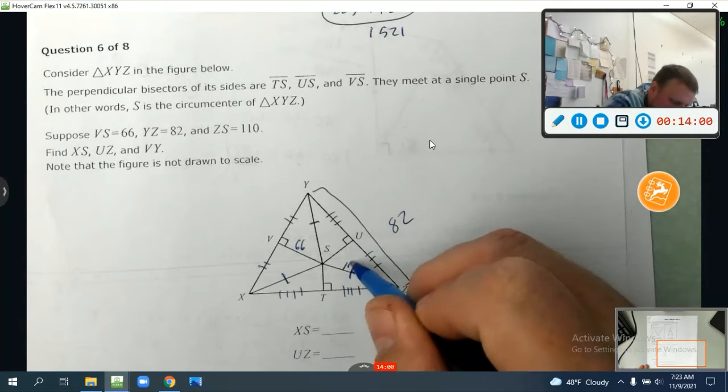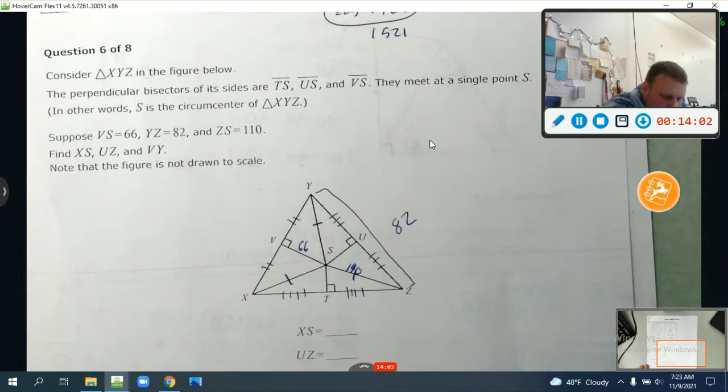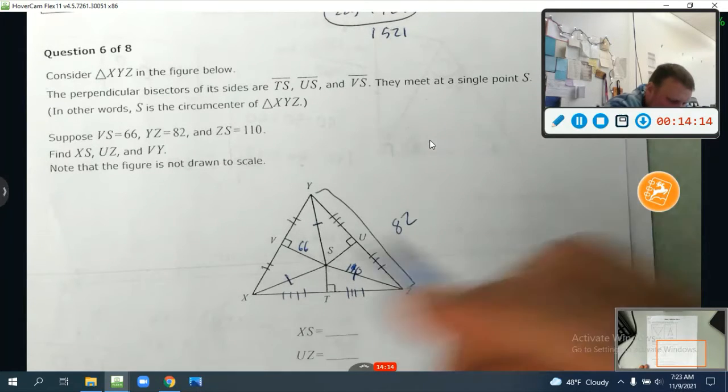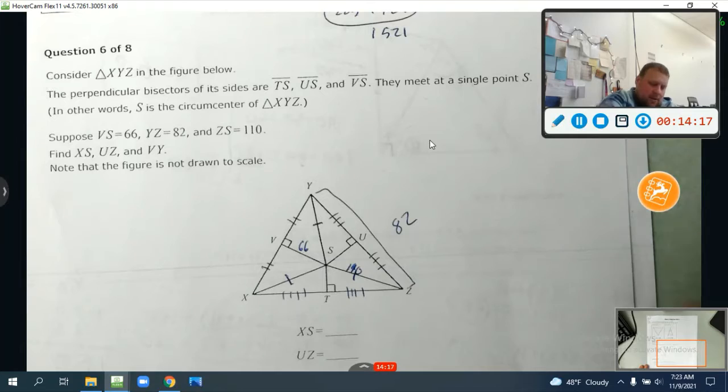Okay, let's see what's going on here. Find XS, UZ, and VY. Okay, I can do this.